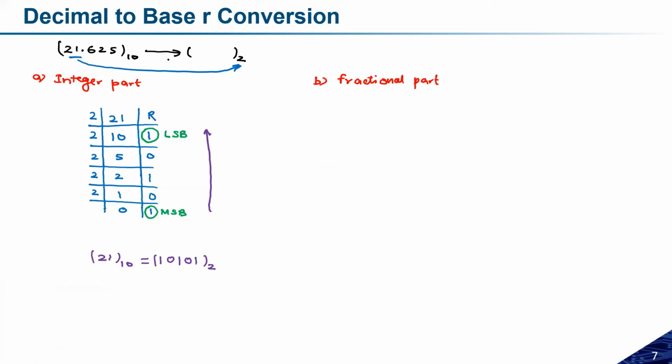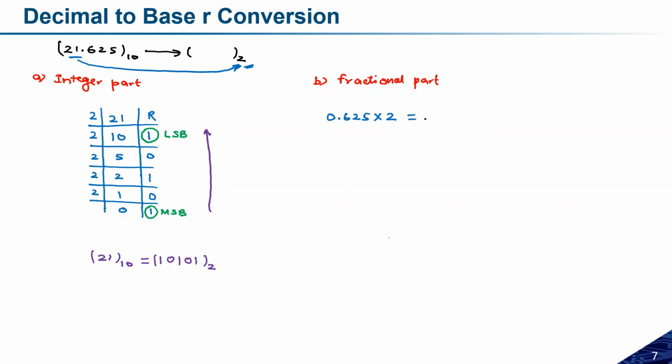We know that the fractional part here is 0.625. Whatever number I have, I have to multiply it with the base to which I have to convert. Since I have to convert into the binary number system, and the base of the binary number system is 2, I multiply this by 2.